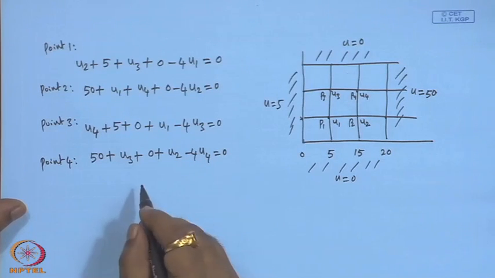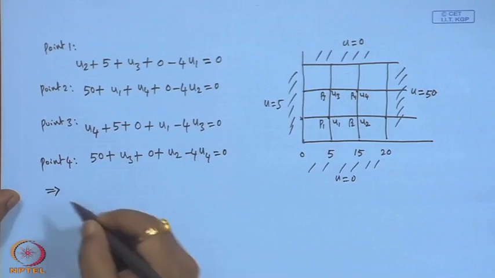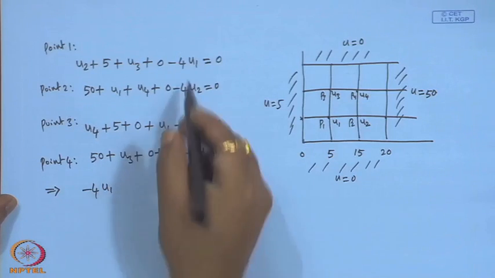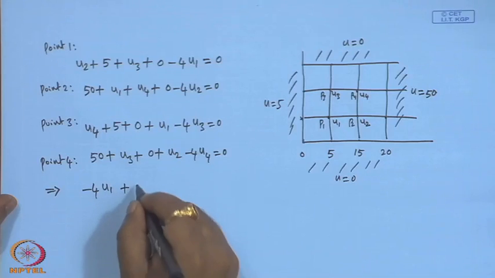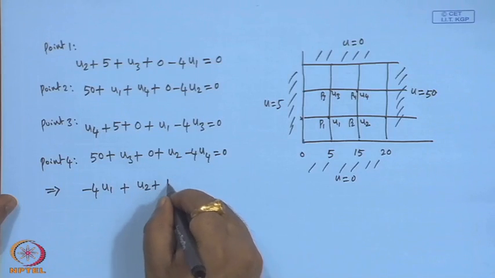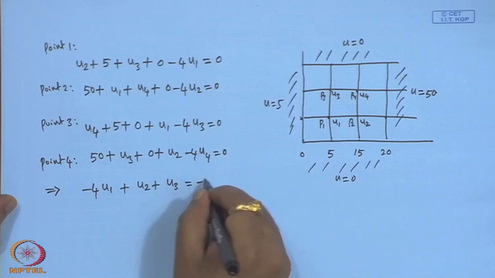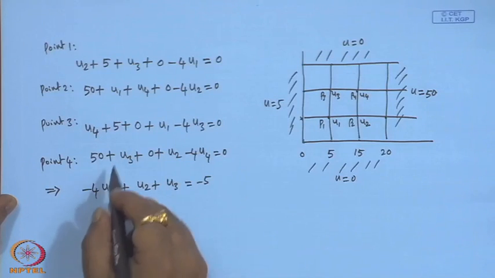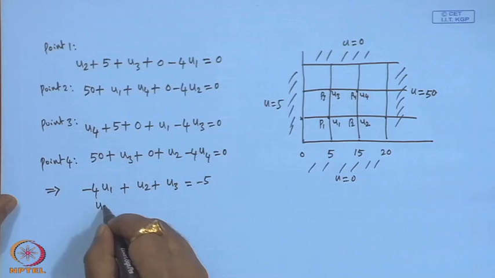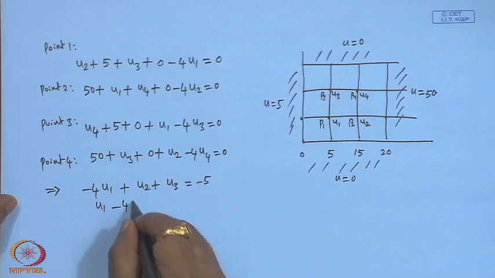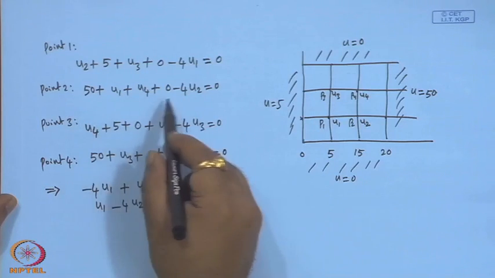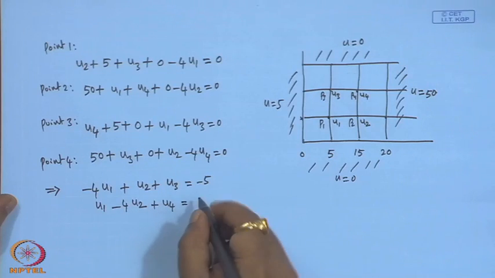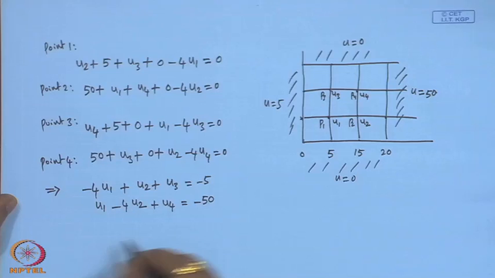Okay. So, this reduces to minus 4 u 1 plus u 2 plus u 3 is minus 5. Then second equation u 1 minus 4 u 2 plus u 4 is minus 50.